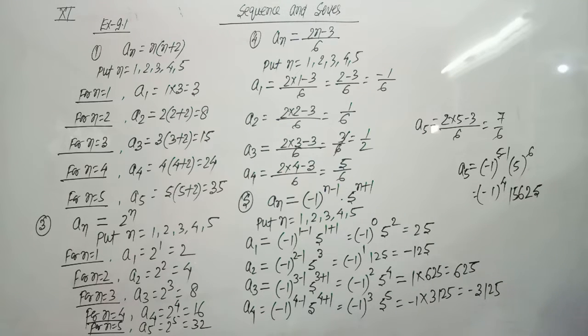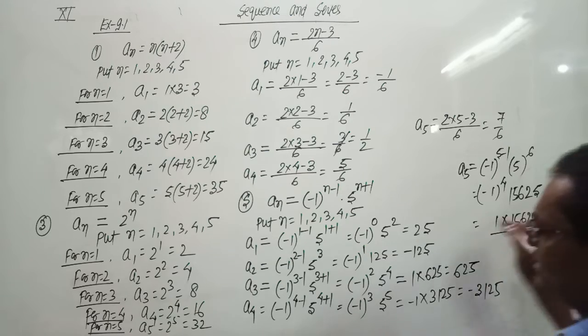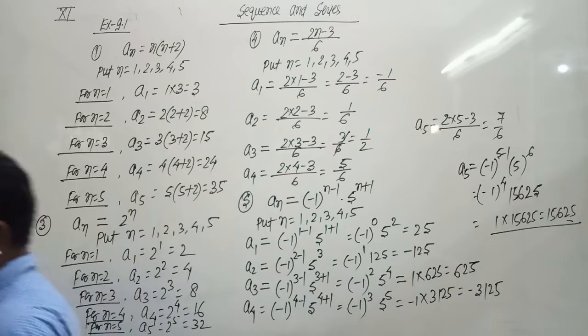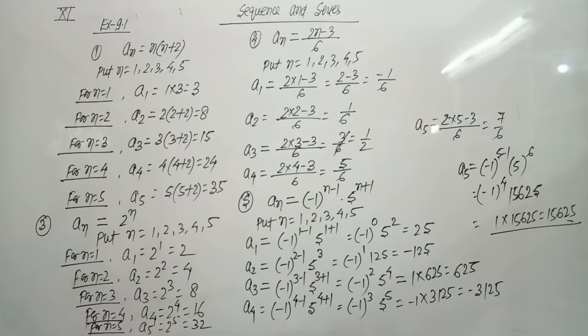Minus 1 raised to the power 4 is plus 1 into 15625. So the fifth term is 15625. So this is the way to find the first five terms.